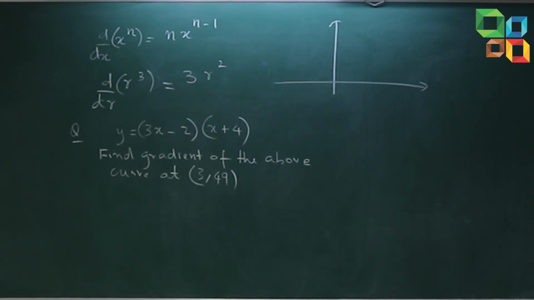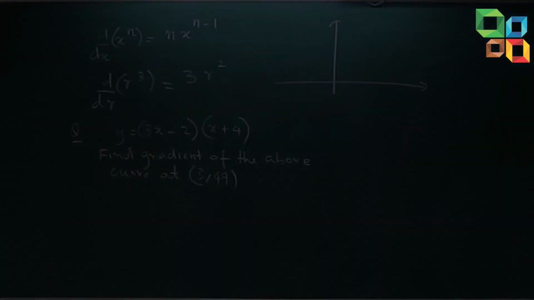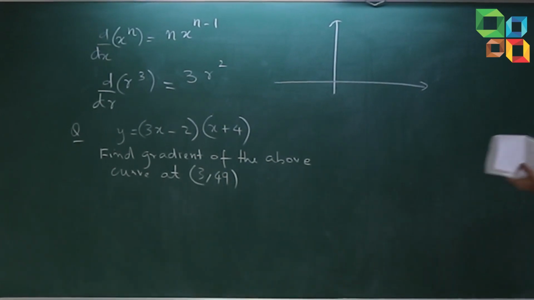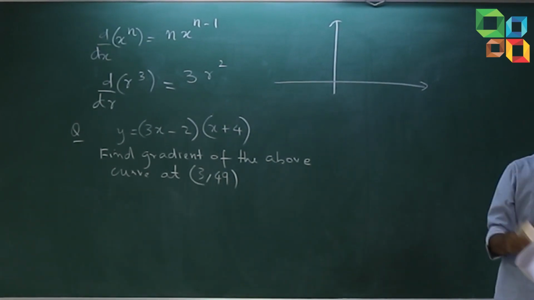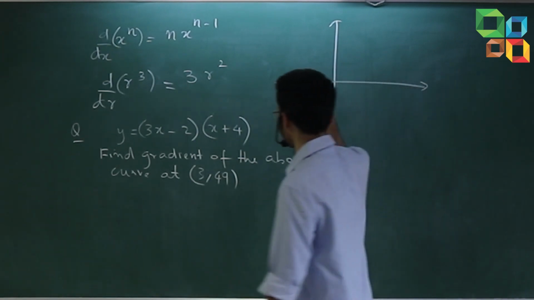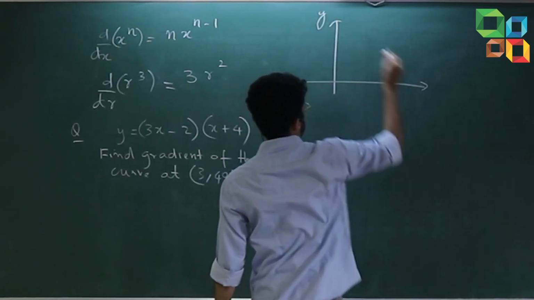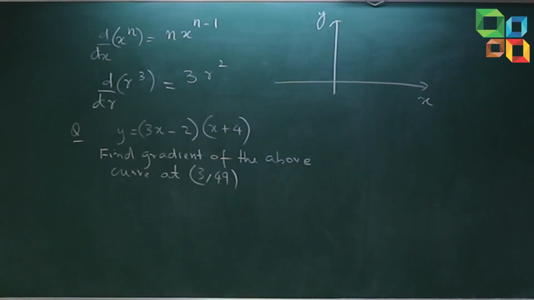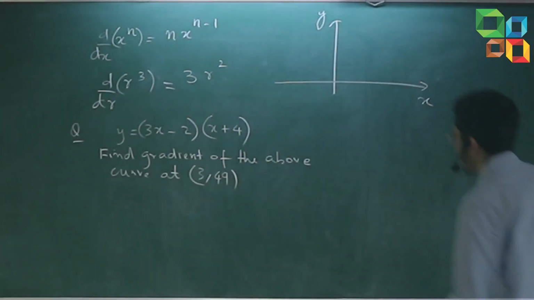Sketch means you don't have to measure things, but it should be kind of accurate. All of you try to sketch that curve. In the polynomials chapter, you must have learned how to plot at least first degree and second degree polynomials.